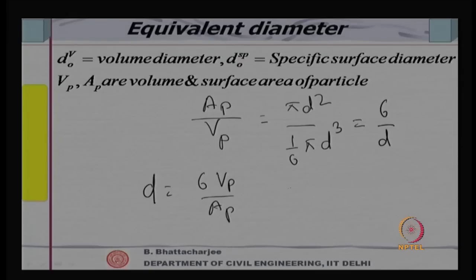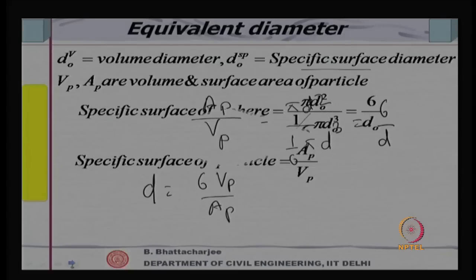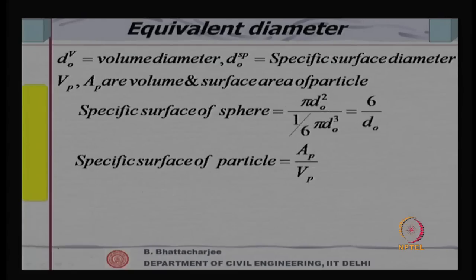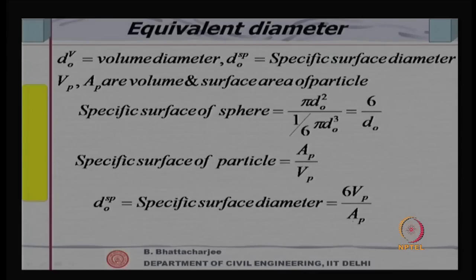Now, what was volume diameter? Volume diameter, specific surface diameter, volume and surface area of the particle. The same derivation is available here. 6 by d 0 is the specific surface of a sphere, and the specific surface of the particle is this, and if you equate them, the specific surface diameter will be 6 Vp by AP, right.